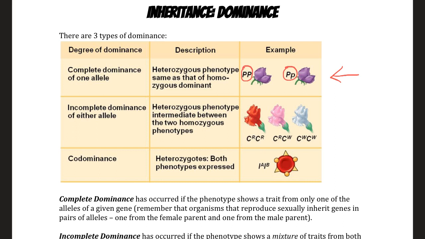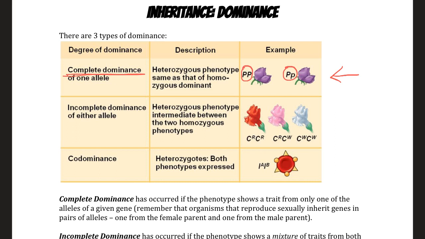So homozygous dominant means we have two of the same allele, and both of them are dominant. But in the second case, the heterozygous one, the big P will somehow dominate over the recessive. So you end up with a purple flower, no matter what, because it doesn't matter what the recessive one does. The big P allele dominates over that one completely. So this is what we call complete dominance.